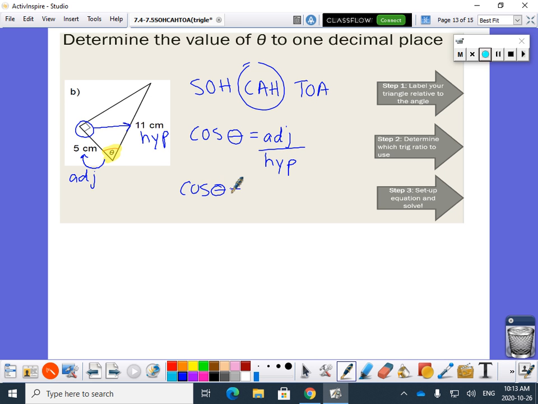Cos theta equals, what's my adjacent value? Good. And I'm not going to do both ways here. If you want, you can either go this way and put 5 over 11 to a decimal, or you can just go theta equals inverse of cos 5 over 11, and then you tell me what you get.